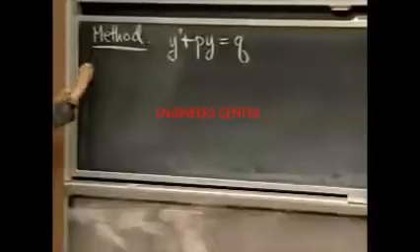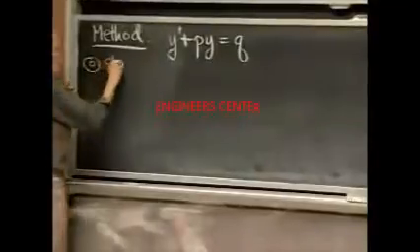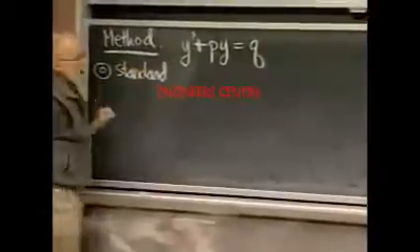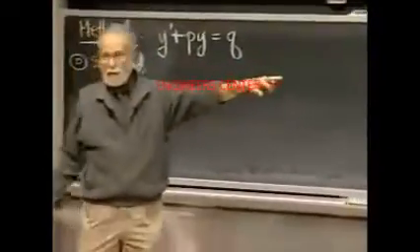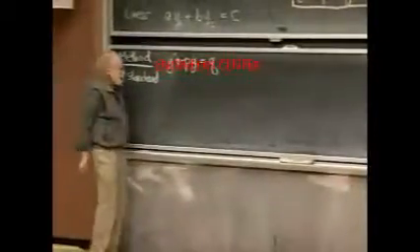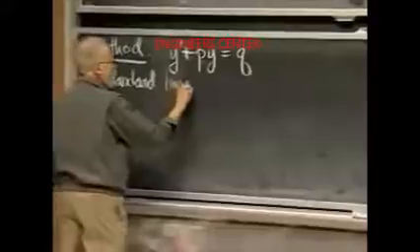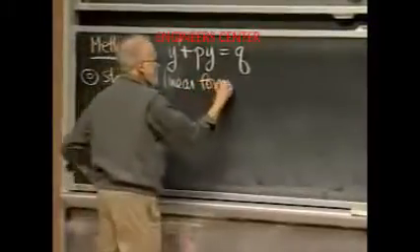Well, in the first place, make sure it's in standard linear form. If it isn't, you must put it in that form. Notice the formula for the integrating factor involves p, the integral of p dx, so you better get the right p. Otherwise, you're sunk. Okay, so put it in standard linear form. That way you'll have the right p.